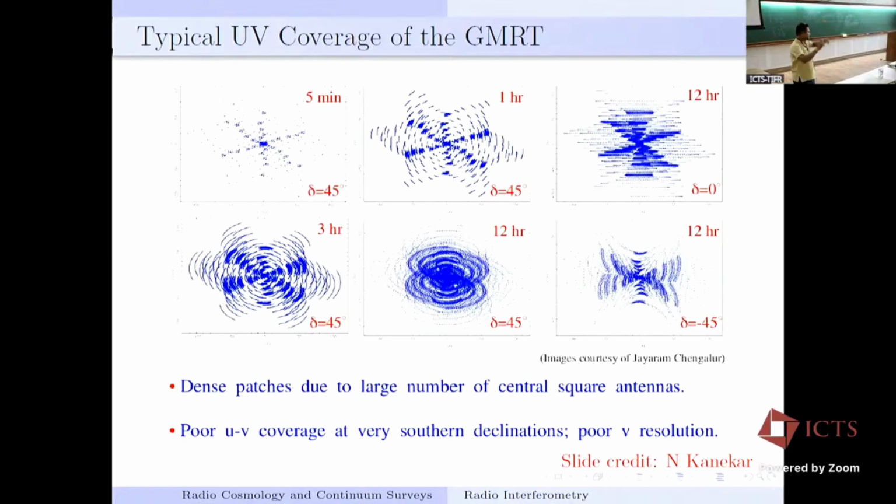It's like this. I have this earth, correct? The source is somewhere here, correct? Earth is rotating like this. So in this projection, this will change, correct? This will change like this. But what if the source is sitting over here? It will always see the same U and V, okay? It means even as the earth is rotating, the U and V will not change as much.